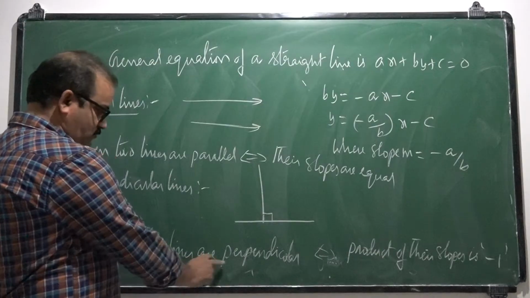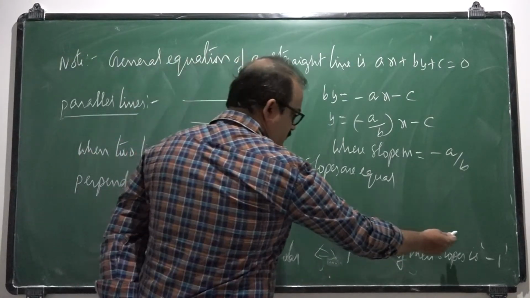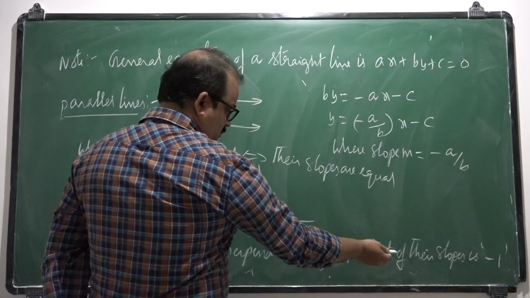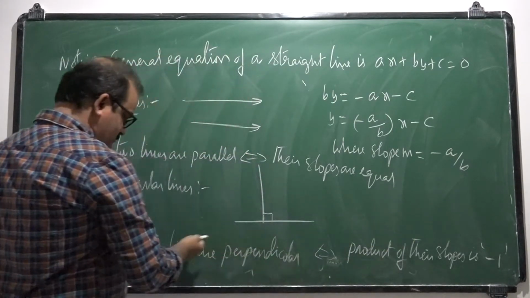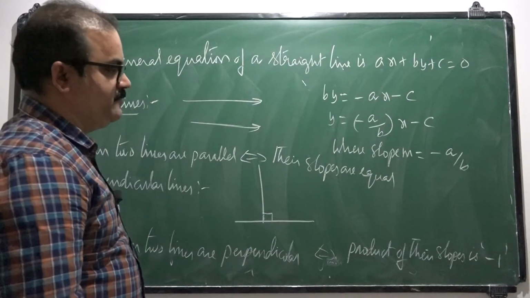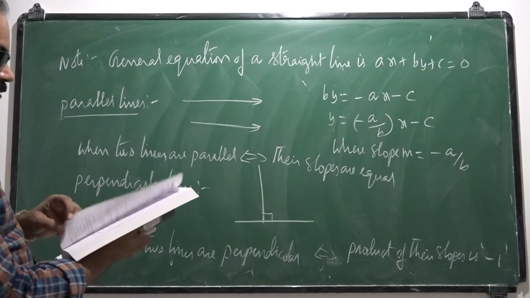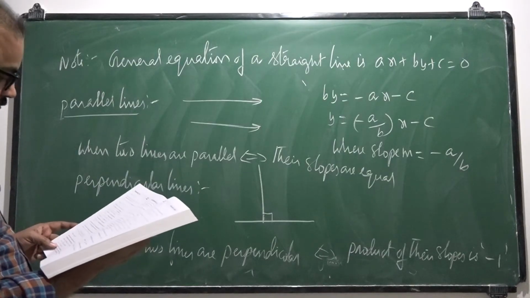That means when two lines are perpendicular, the product of the slopes is minus 1. When the product of the slopes is minus 1, the lines are said to be perpendicular. This is about the synopsis on straight lines.